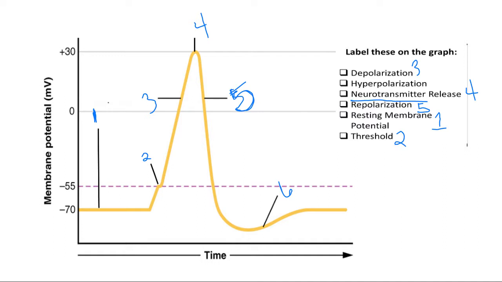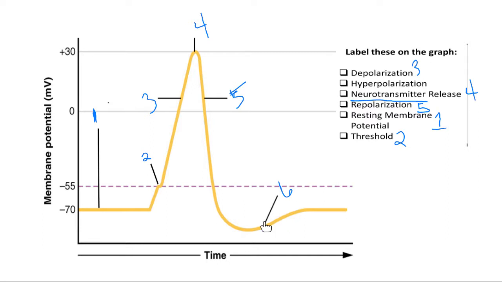Here's the thing, though, with this trying to get back to normal. The problem is my channels that I use to get back to normal, they're the voltage-gated potassium channels. They're so excited about spitting out potassium that they spit out too much, and I actually end up too negative. I spit out too much potassium, and I get really negative.